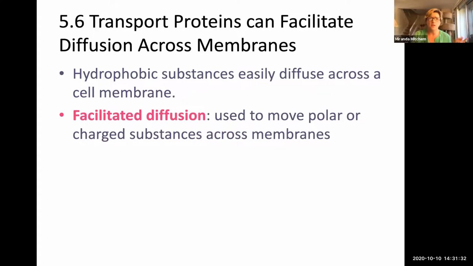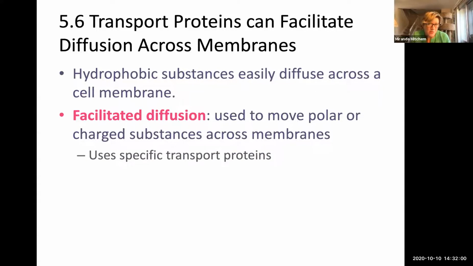Facilitated diffusion, again, still is diffusion, but it is needed if something is polar. Only the small non-polar fats are capable of diffusing by themselves. So anything that's polar or has a charge can't go by diffusion. It needs a protein to facilitate that process. And that's exactly what facilitated diffusion is.